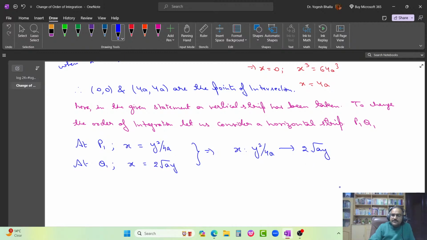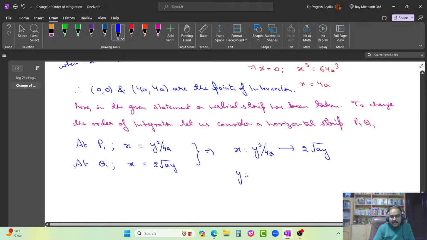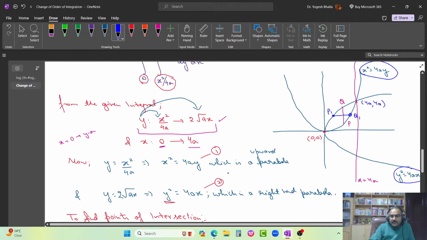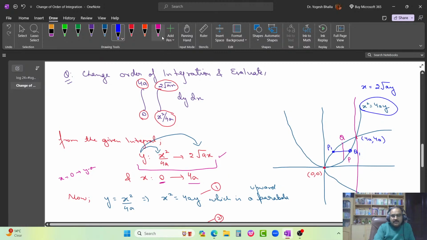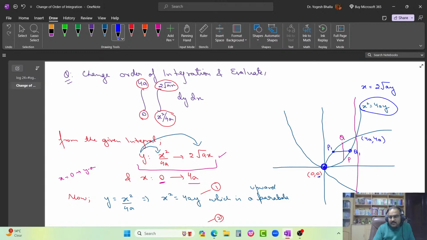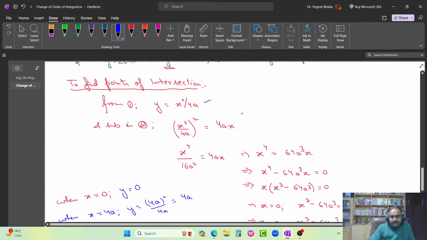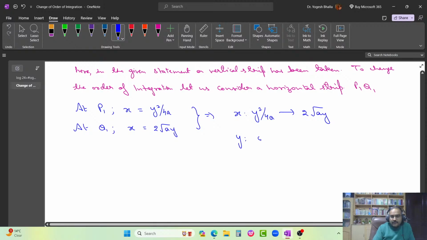It always varies between the points of intersection. So y varies from the points of intersection, that means from this point to this point of intersection, that is 0 to 4a. So y is varying from 0 to 4a. And how can I define the region?